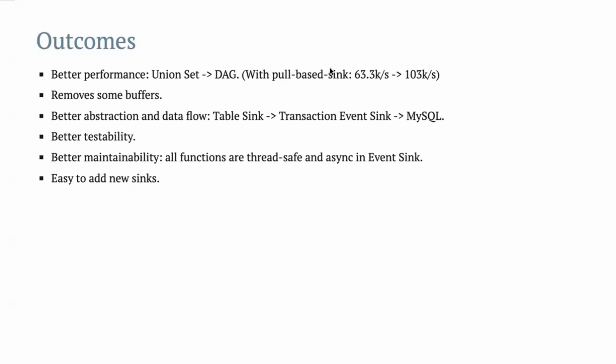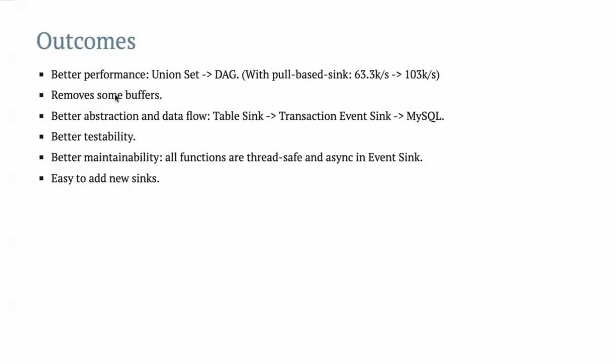We used a real customer workload to test it, and we can achieve about 60% throughput improvement. But this is together with the second phase, the pop-based sync refactoring. So this is a big improvement.